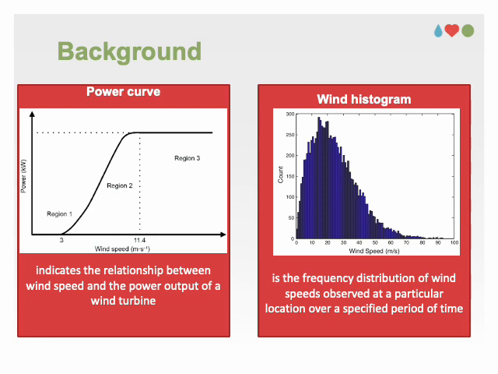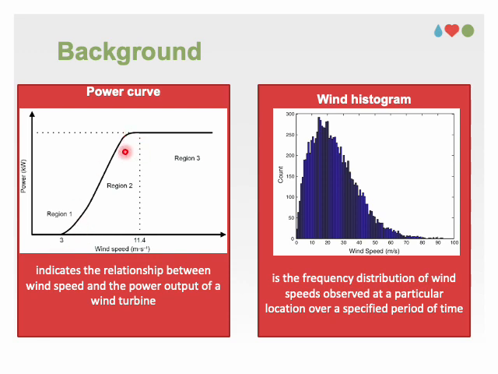Power curves typically depict the relationship between wind speed, shown on the horizontal axis, and the power output of a wind turbine, shown on the vertical axis. The curve shows the turbine's cut-in wind speed, which is the minimum speed at which the turbine starts generating power.